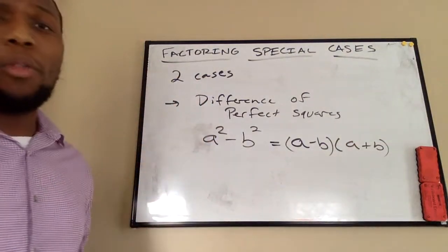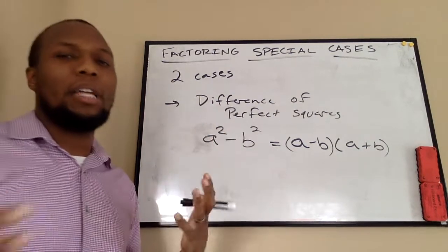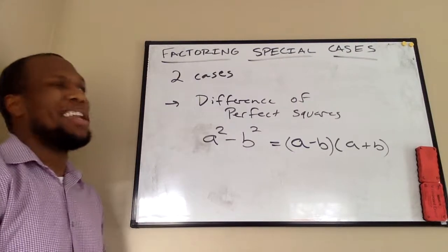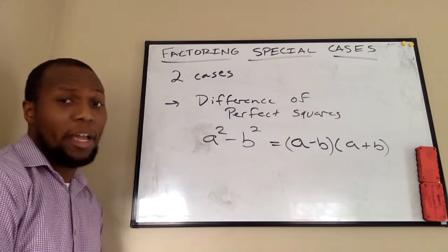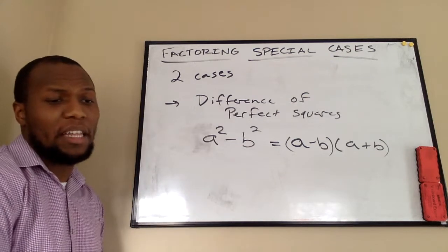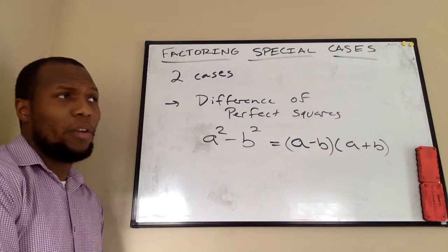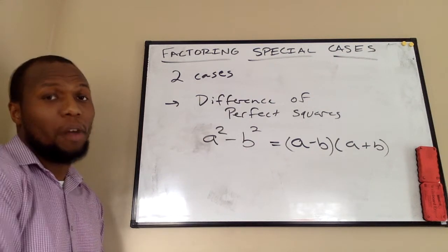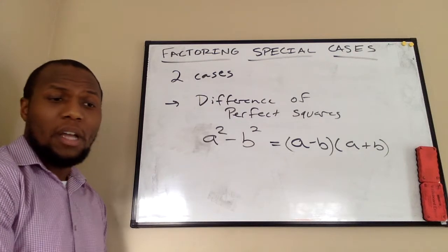In both of these cases with factoring, they are special cases because we can notice a pattern and do it more quickly. I'll emphasize that in this video, when we are actually factoring these, we're going to follow the same rules that we've followed before. You don't actually have to identify these as special cases.